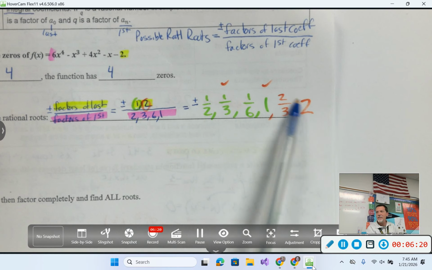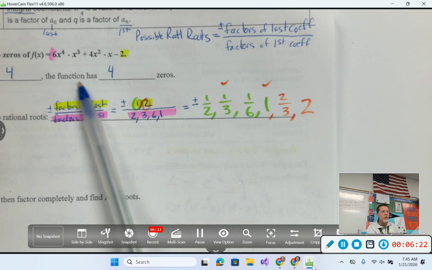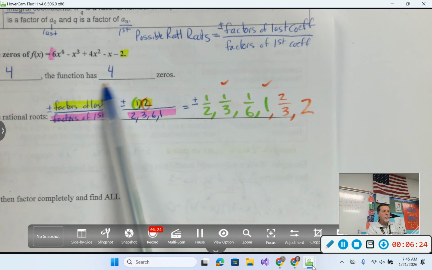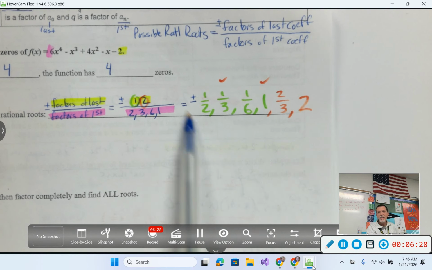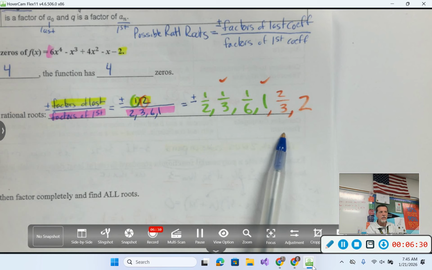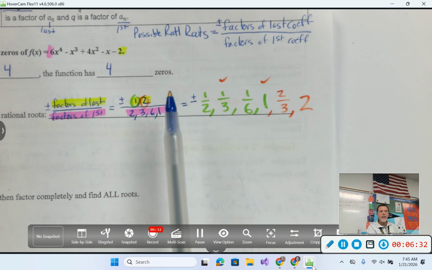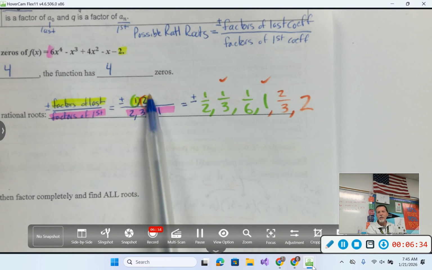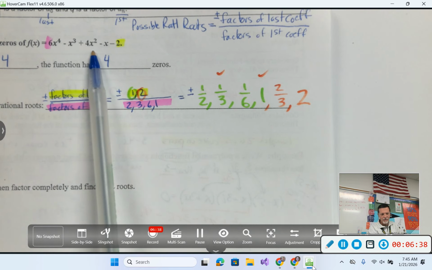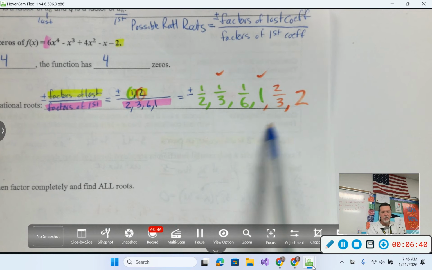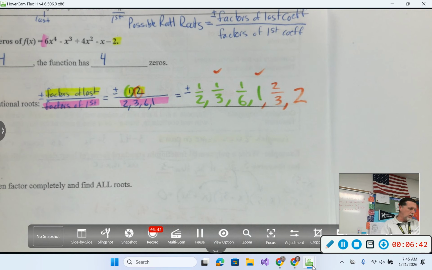So not all of these are going to work. There's no way they could. There's only 4 that actually work. But of the rational roots that work, they have to come from this pool of numbers. So again, this is from the land before calculators. If you're trying to factor this thing and you're just trying to guess and check, well, here's your guesses to see what works.